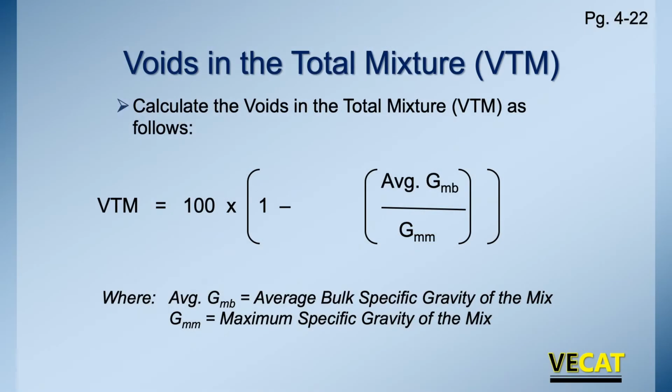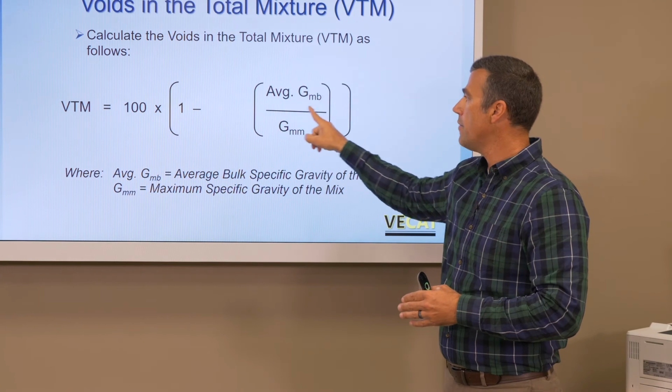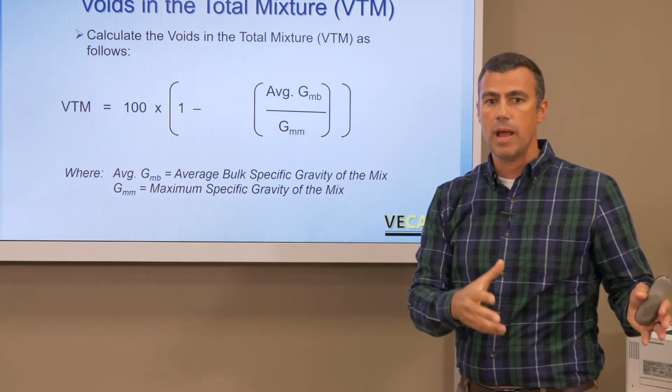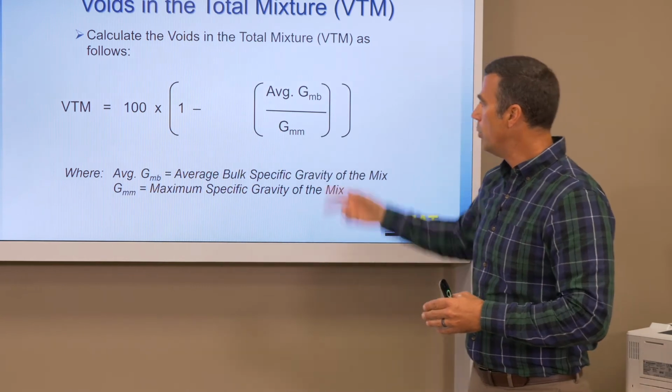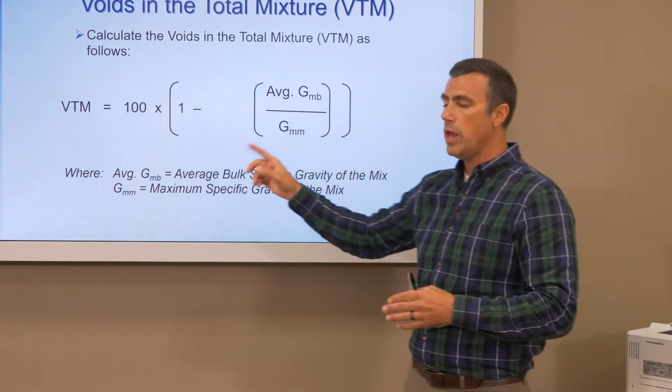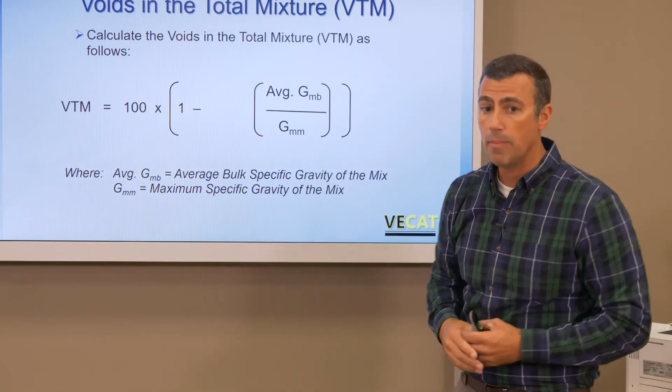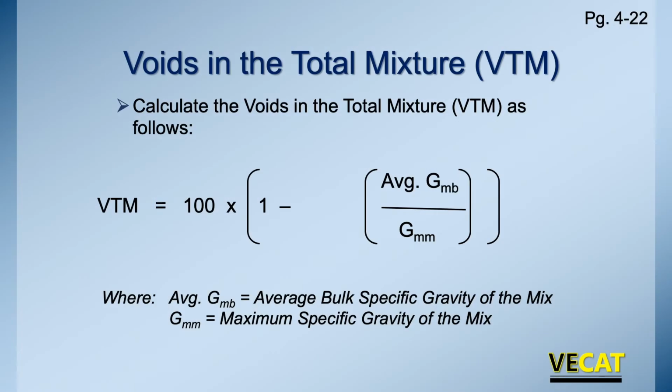To calculate VTM or air voids in our mix, we're going to need two important factors. We've calculated these earlier: that average bulk gravity of the mix from our compacted lab samples, as well as that maximum specific gravity of the mix. With those two values, we can determine what air voids are in that compacted sample.